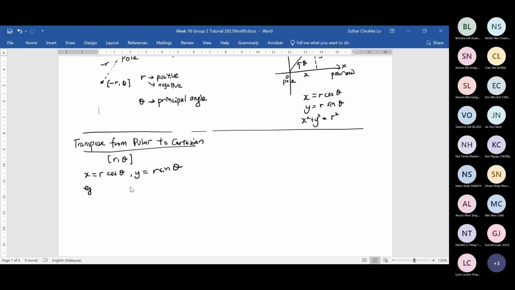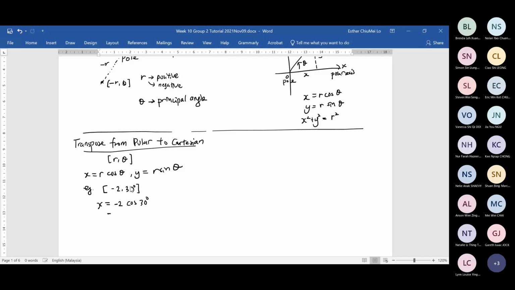Now, for example, if we are given -2 and 30 degrees. In order to transform it from polar to Cartesian, we need x and y. The way we find x is you put in your r, which is -2, then cos theta.